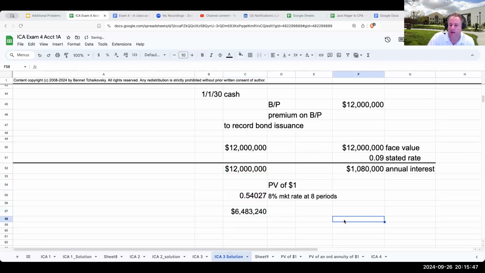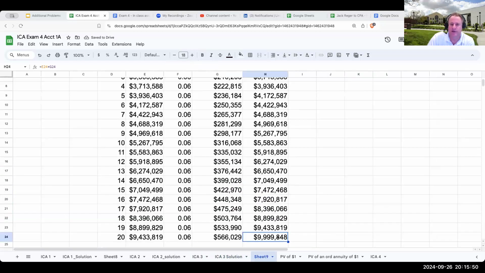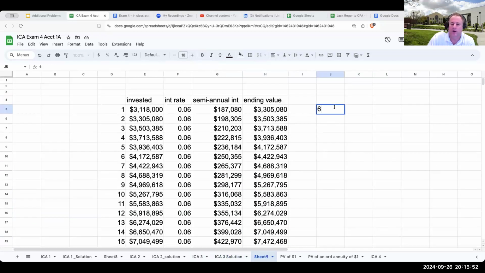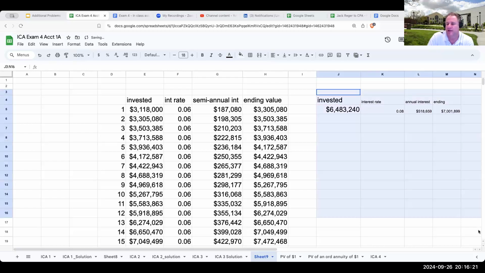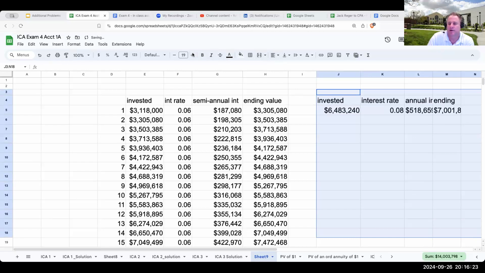is going to be 6.4 million. Now, could we go through and do the same thing we did before? Sure. I can say, well, if we have 6.483 million and I'm earning 8% on that money, my annual interest is going to be 518,659.